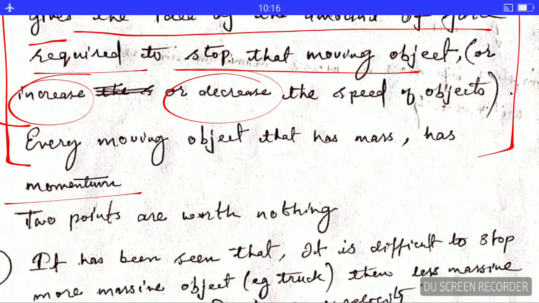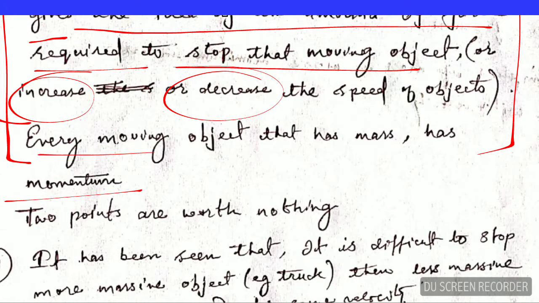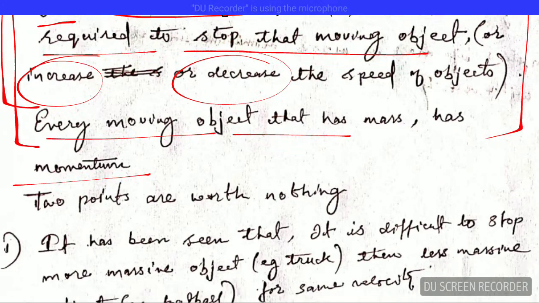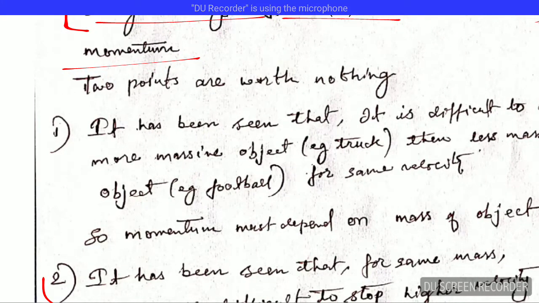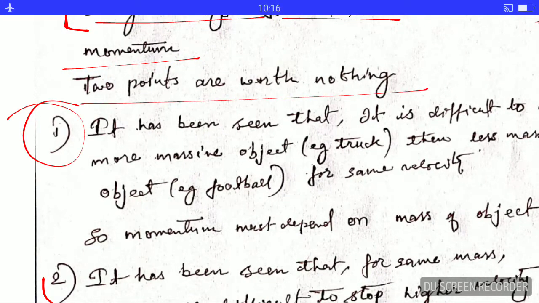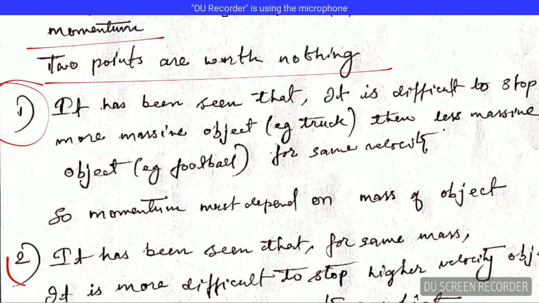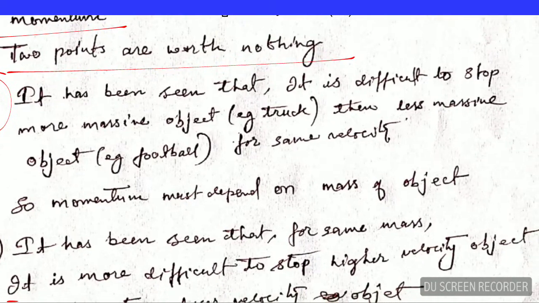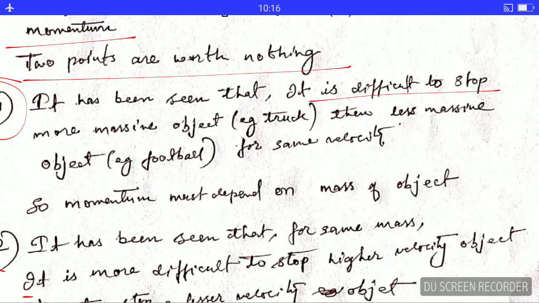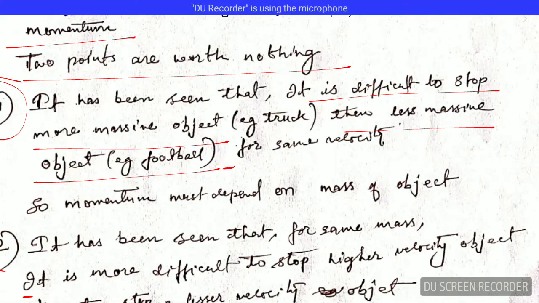At this point it is very important to note that every moving object that has mass must have momentum. Now there are two points worth noting. The first point is that it is difficult to stop a more massive object, for example a truck, than a less massive object, for example a football, if both are moving with the same velocity.